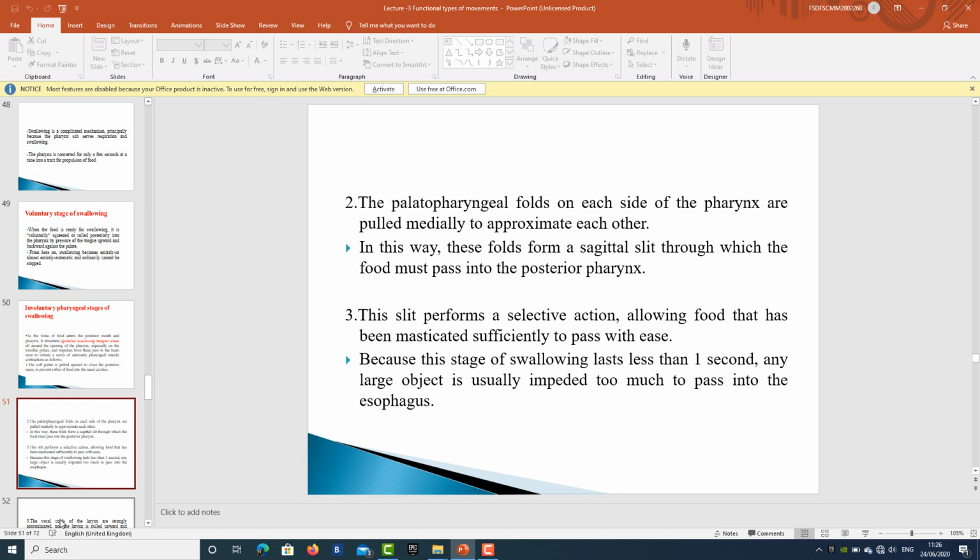It allows food that has been masticated, that has been chewed sufficiently, to pass with ease. Because this stage of swallowing is going to last less than 1 second, any large object is usually impeded too much to pass into the esophagus.